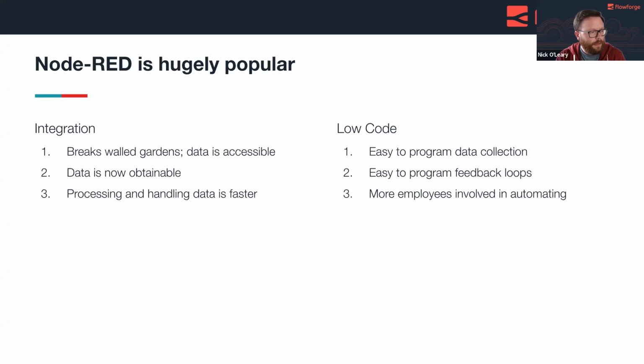So it's become super popular. Some of the reasons why: it's an open project, it's open source. Anyone can contribute nodes to our palette of capabilities. It isn't a walled garden. In fact, it breaks down those walled gardens.